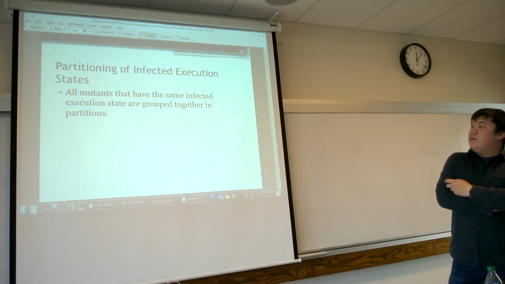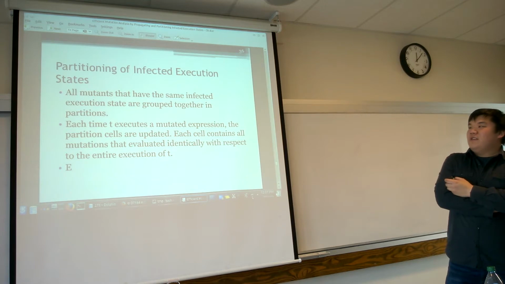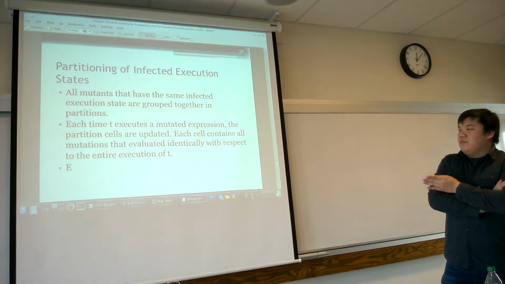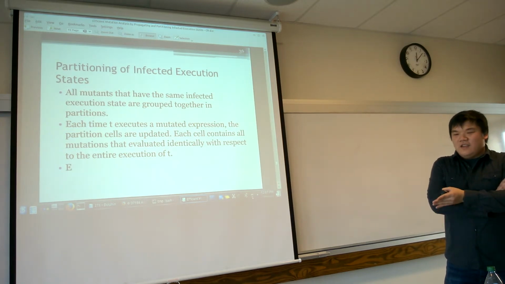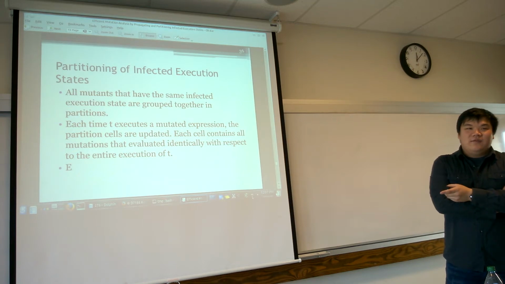So then, for partitioning, all the mutants that have the same infected execution states are grouped together in partitions. Each time a test T executes a mutated expression, the partitioned cells are updated so that each cell contains all the mutations that evaluated identically with the rest of the test. So basically, it's saying anything that gives the same result in that test is put into the same partition, from what I understand.